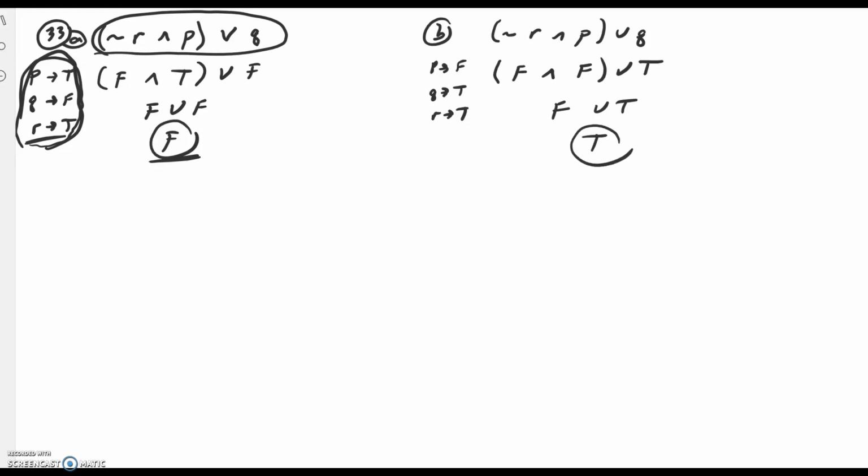And so now this compound statement is true based on these given statements. Notice we could have done a big truth table for this, and then these two answers would have been part of the truth table. But here we're learning how to answer some questions without the full-fledged truth table.